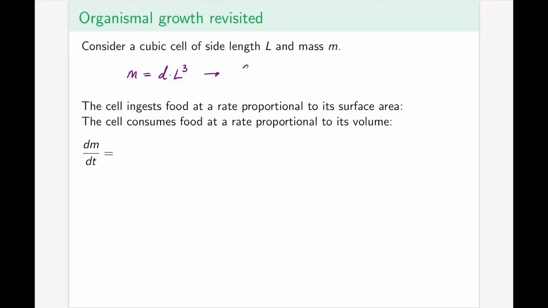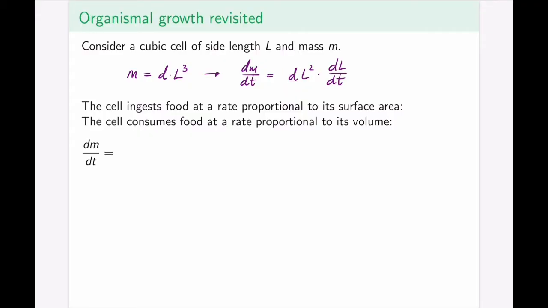From here, we derived the formula for the rate of change of mass as 3dl squared times dl by dt. And we said that this 3 will get absorbed into the density constant, so we can simply have it as d here.